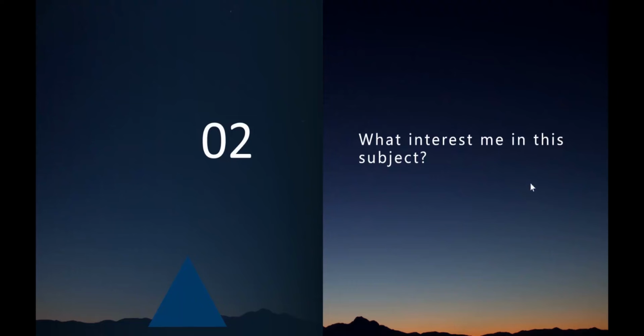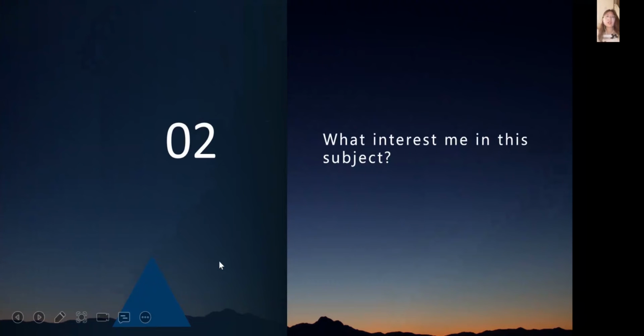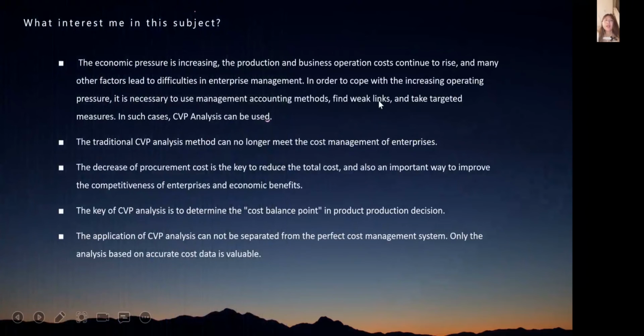I will introduce the second part. What interested me in this subject? In this course, I'm interested in the CVP analysis. This is because many factors lead to difficulties in business operation due to the increasing economic pressure and continuous increase in production and operation costs nowadays.